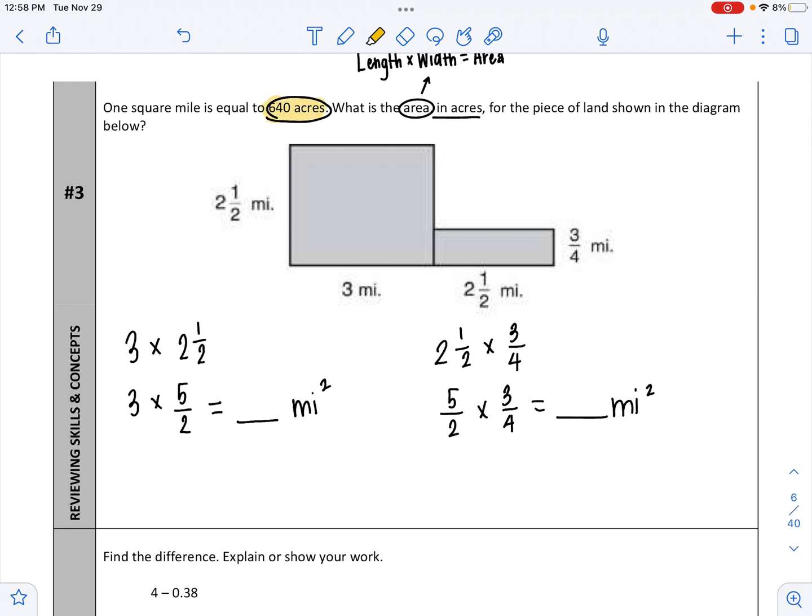But what you're trying to figure out is what is the area in acres. If you know that each square mile is equal to 640 acres, you can use your answers in square miles to figure out the total number of acres. For example, let's say I had 2 miles.